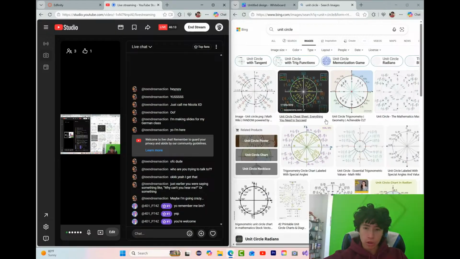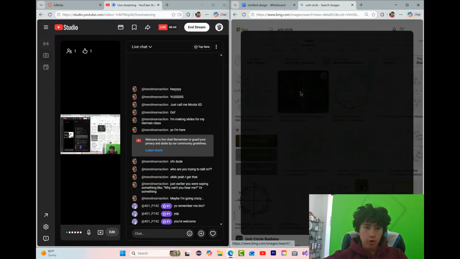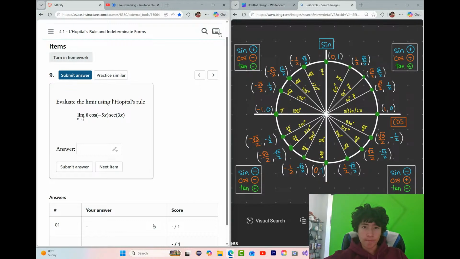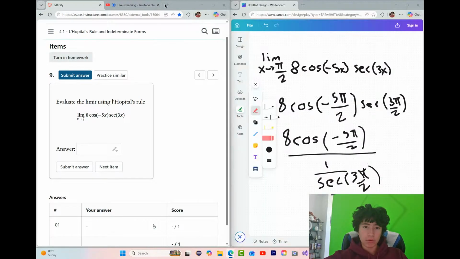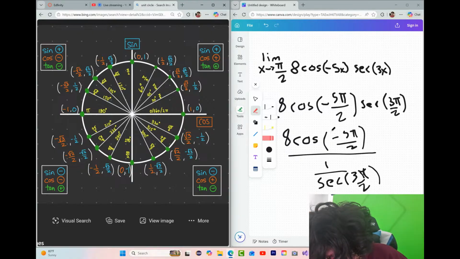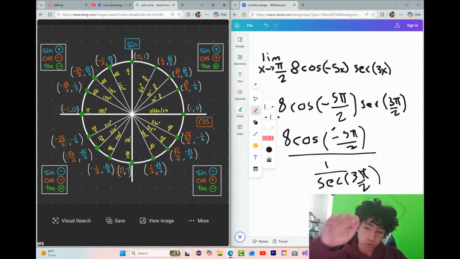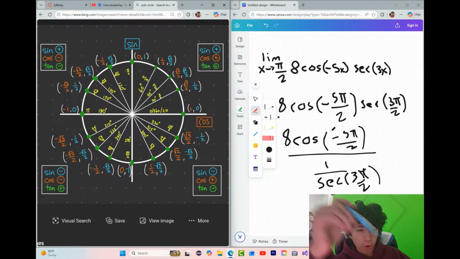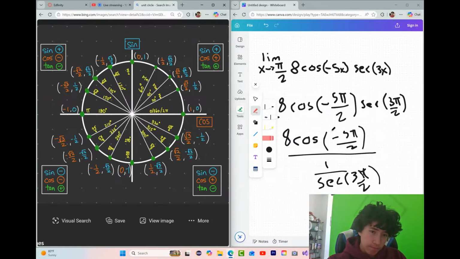Here, I'm just going to move it over here. So, negative 5 pi over 2. Where do we find that? Yeah, no, we're not going to find that there. Oh, wait, I'm sorry. I'm so stupid. I found 5 pi over 6.